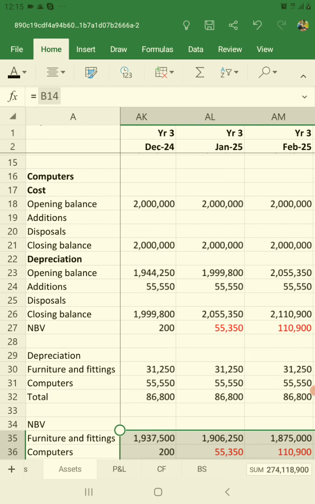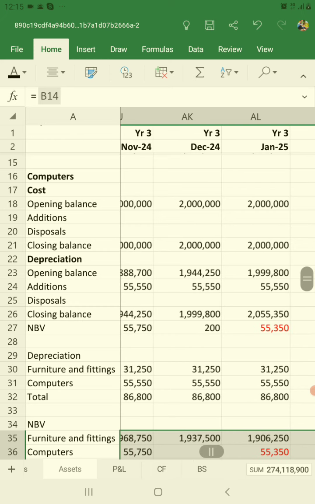Okay, now the assumption here is that when an asset is fully depreciated, we dispose it. We dispose it out of the business, and the assumption here is that we are going to dispose it at its cost value.